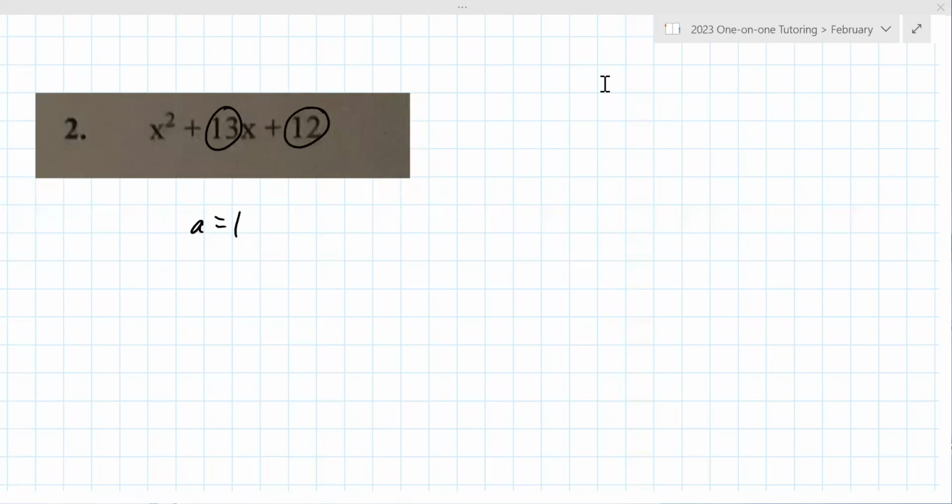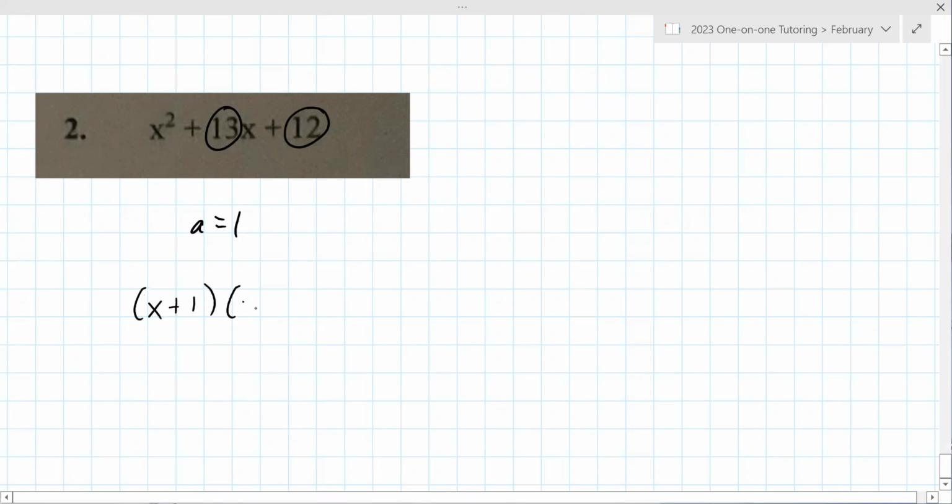One and 12. Yes, this becomes x plus 1, x plus 12, or you can switch the order.